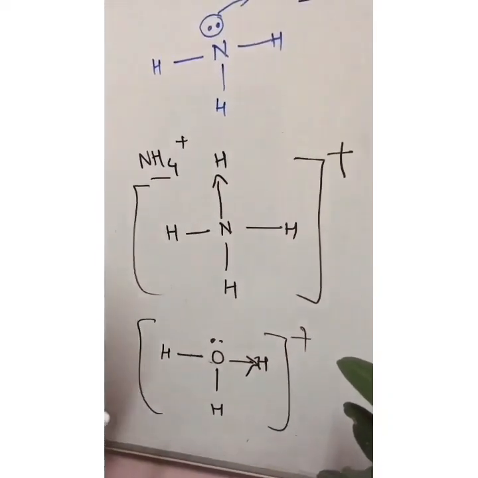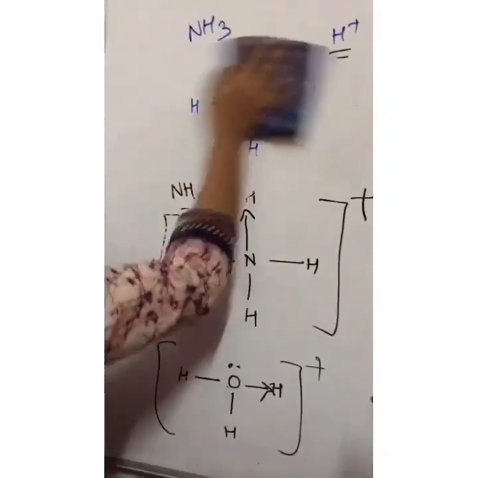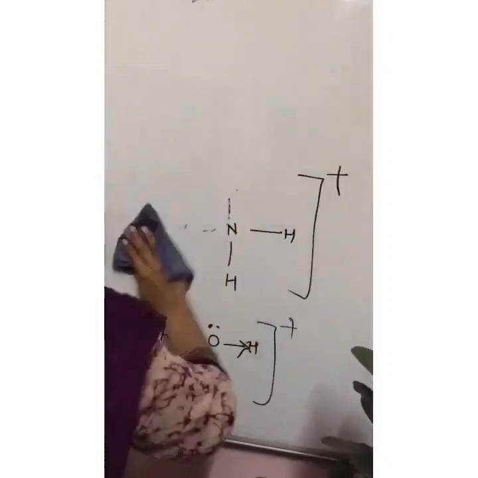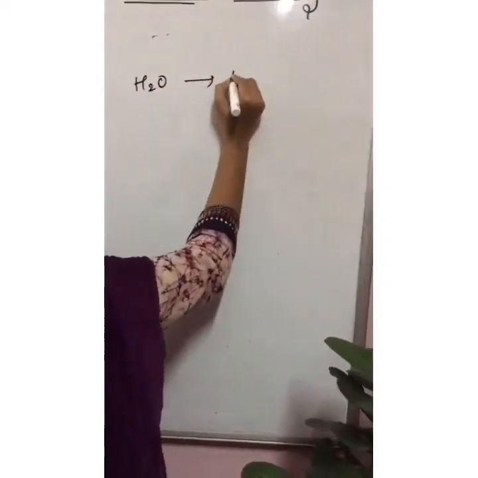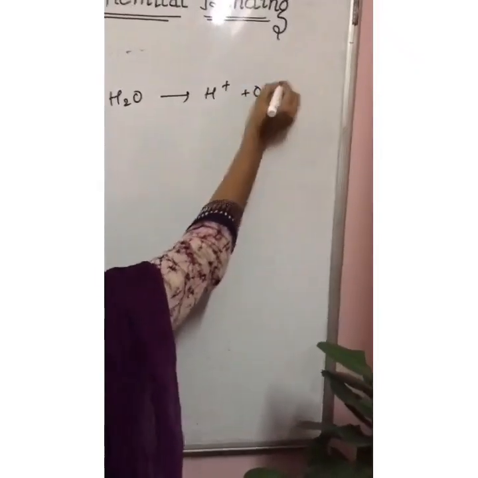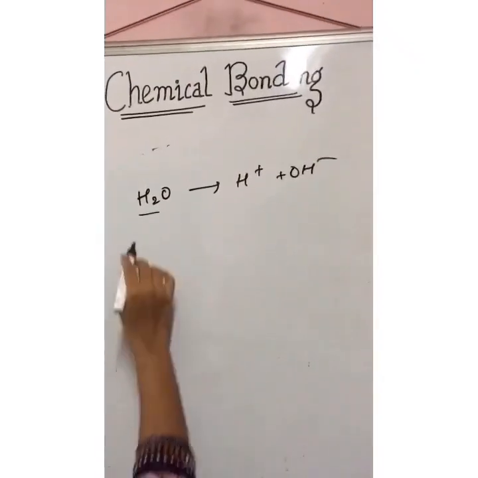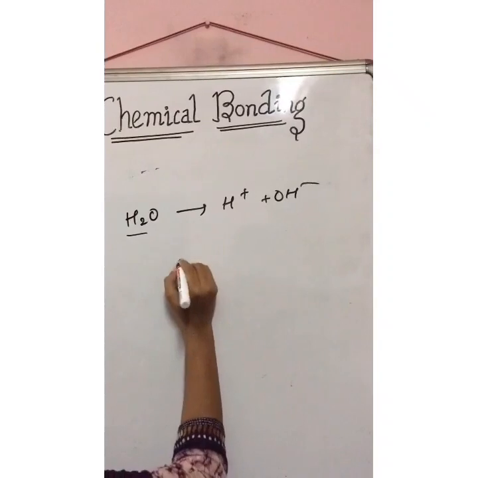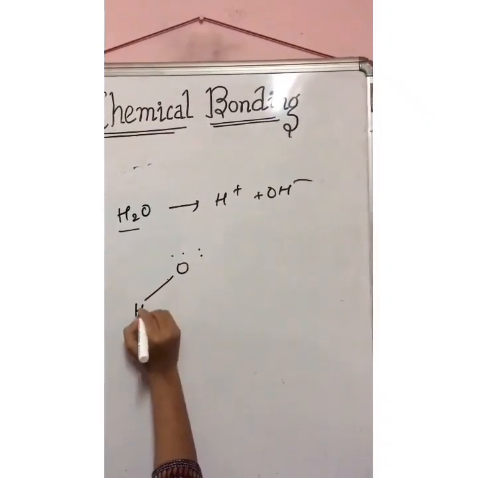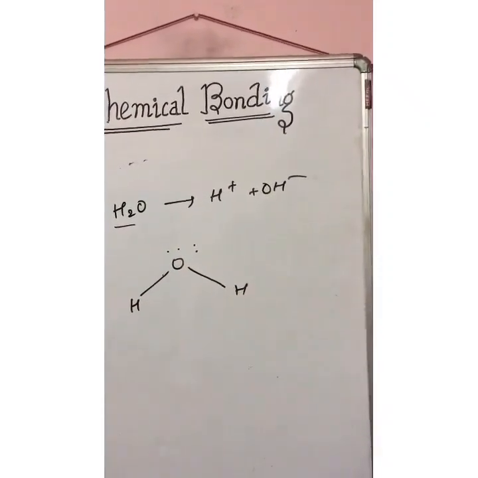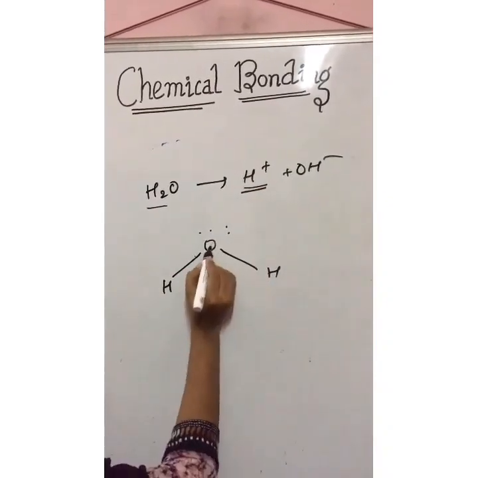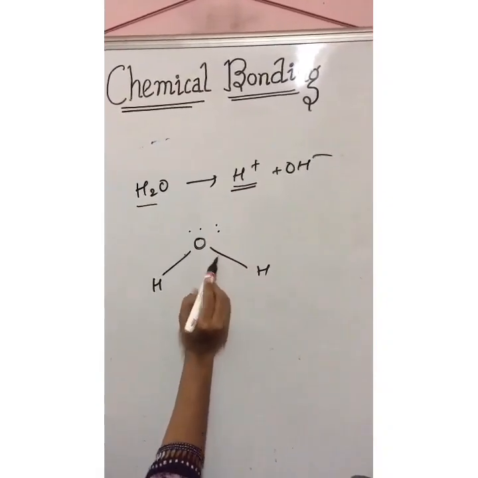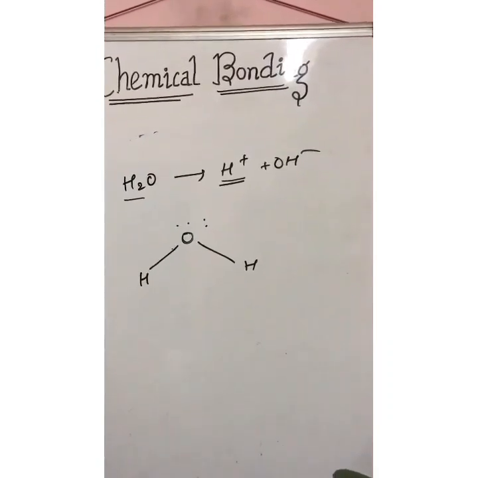Okay, one more thing which we show here is, in the electrolysis chapter you have seen water breaks down to H plus plus OH minus. Now how does this breaking happen? Oxygen has 2 lone pairs of electrons and 2 bond pairs of electrons. Now this H plus means what? This oxygen atom takes away the bond pair of electrons from this OH bond.